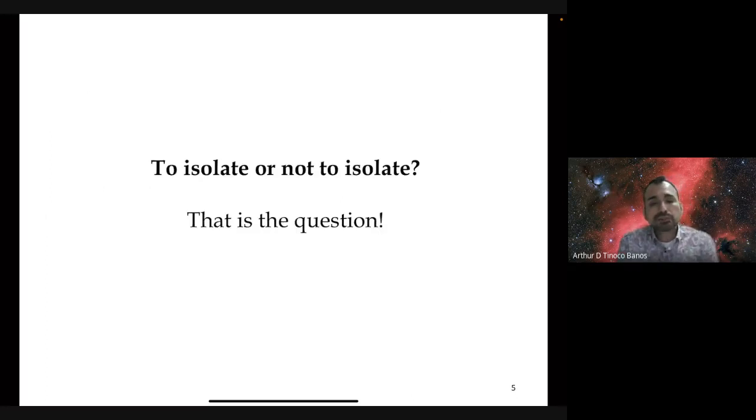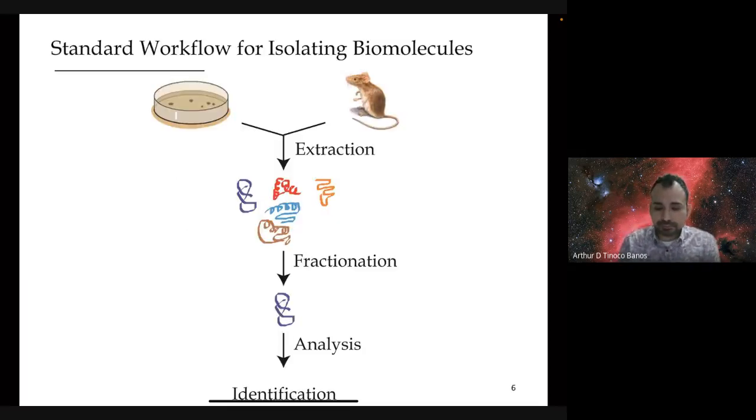So when it comes to really probing a metal species in something that perhaps is coming from a tissue, the question becomes whether to isolate it or not to isolate it. So here I give you a workflow. It's a very simple depiction of how you consider going about studying a metal-containing species, so some component of a metal.